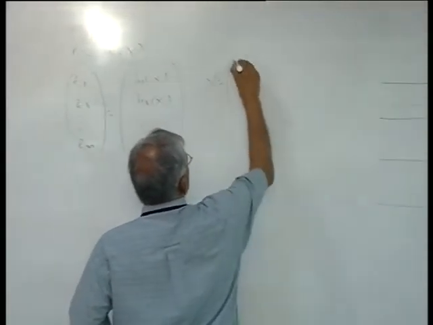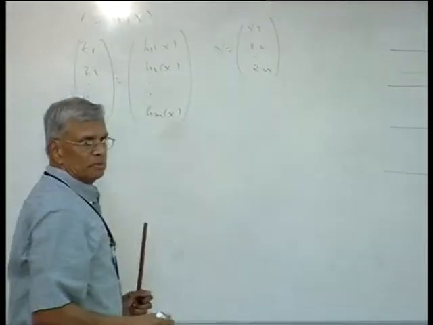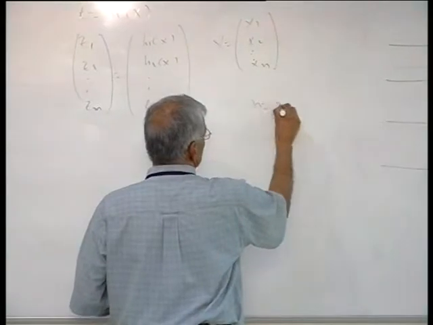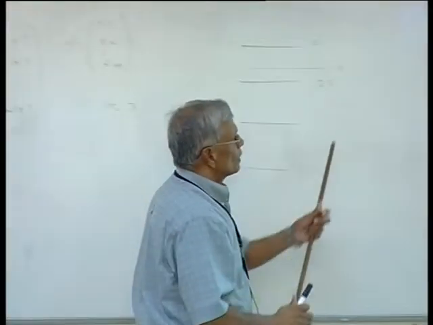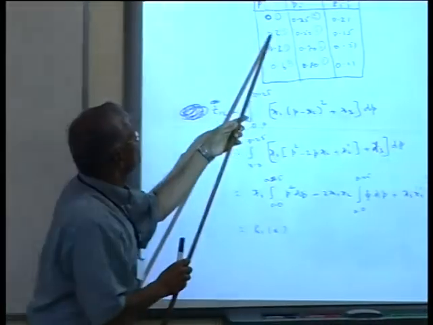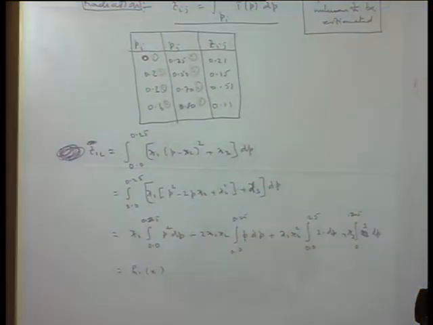X itself is a parameter vector, x1, x2, ..., xn. This is a standard problem. In this case, m is equal to 3. In this case, m is equal to 4. So I have 4 nonlinear relations in 3 unknowns.